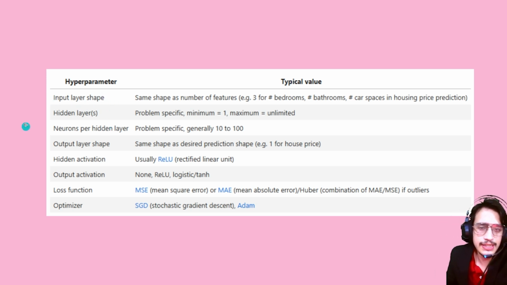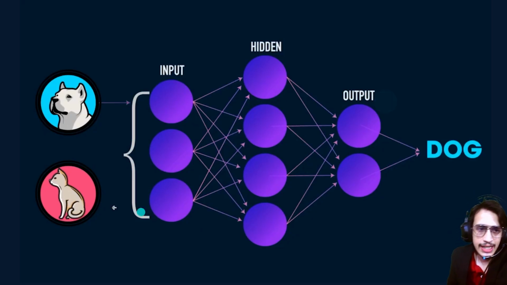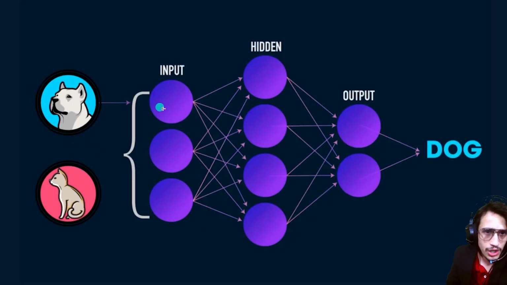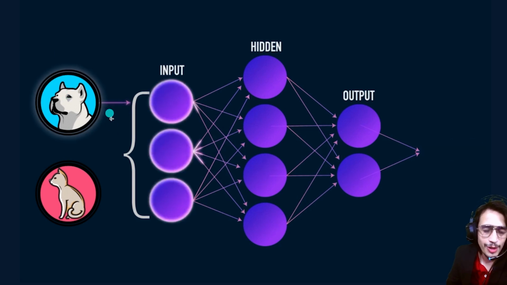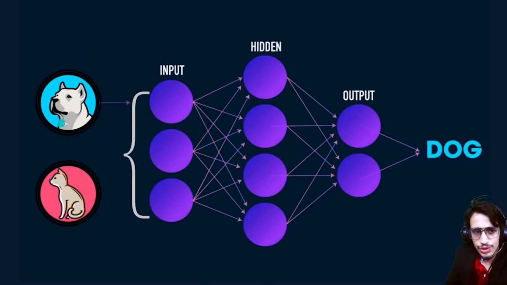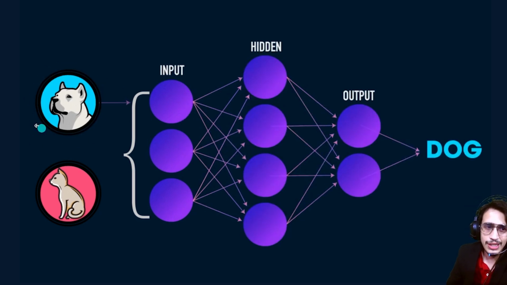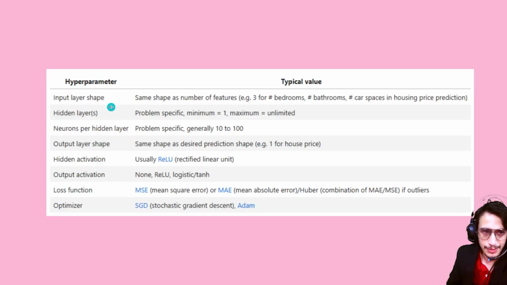Input layer shape is just the shape of the input which we are providing. If we are providing an image of a dog as an input, its shape is R, G, and B, like 255, 255, 255. So the shape of the input is our input shape.